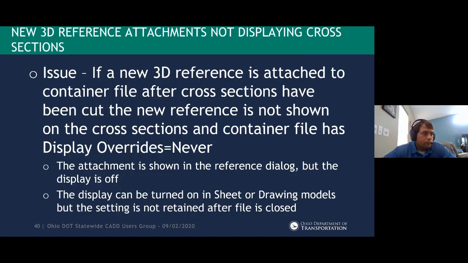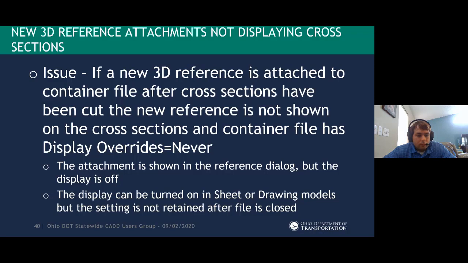On the next slide, this one is a little bit more confusing. If you add a new 3D reference to your cross-section container file, it's not displaying. So if, when you add that, the container file display override is set to never, the reference attachment in the reference dialog is shown, but the display is turned off.